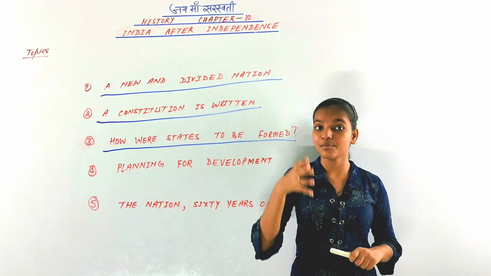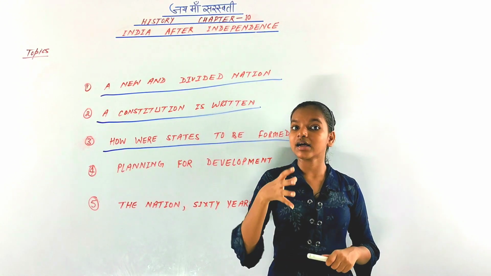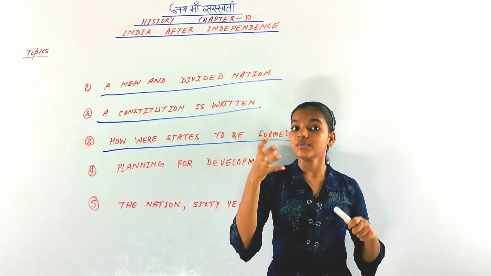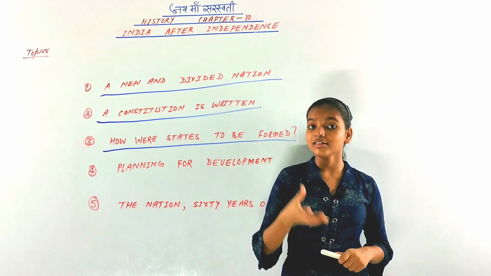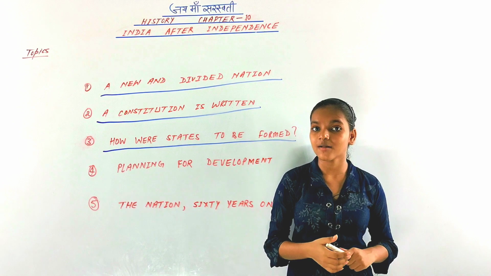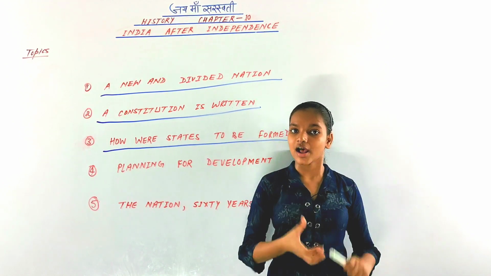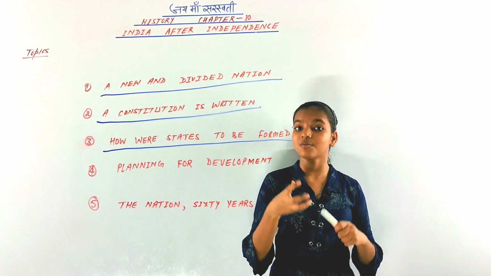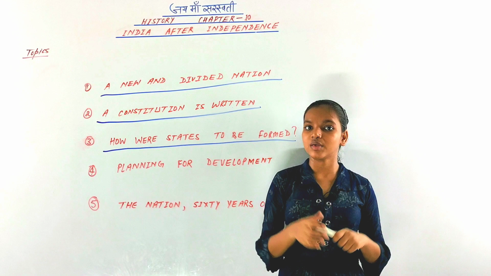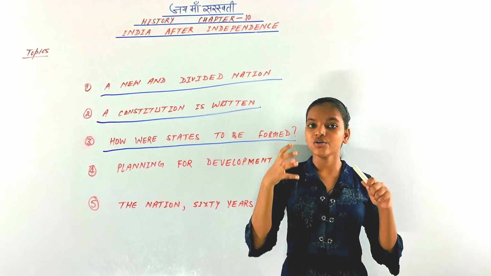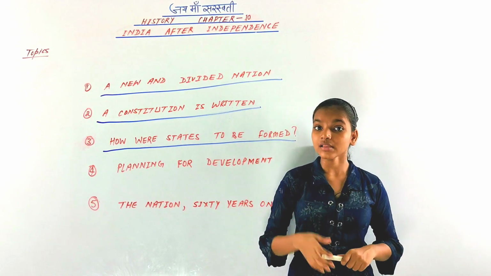like the Malayalam speakers from present-day Kerala, the Kannada speakers from present-day Karnataka, and the Marathi speakers. The strongest protest was from the Telugu speaking areas of Madras, because during that time Madras was a big province and many people in it were Telugu speaking. So they wanted their own state, Andhra.